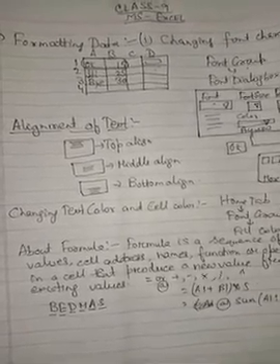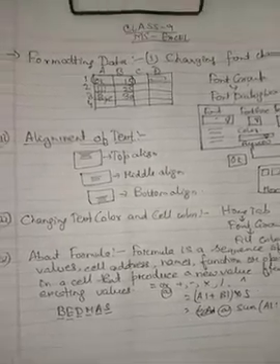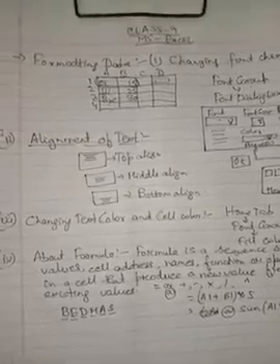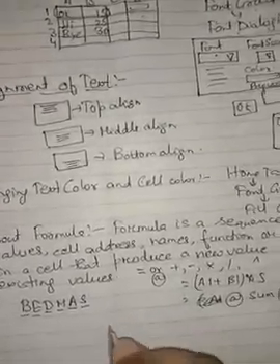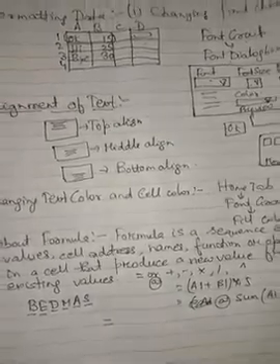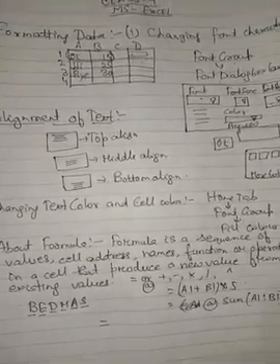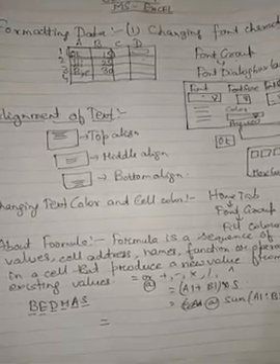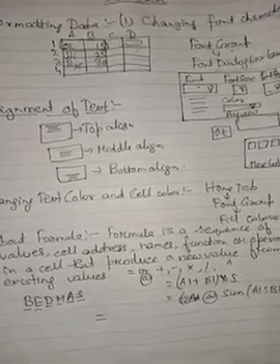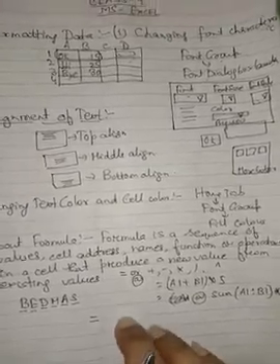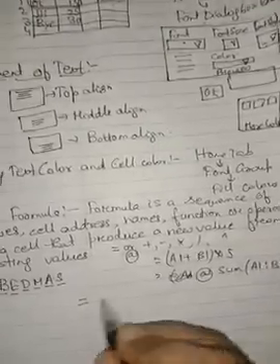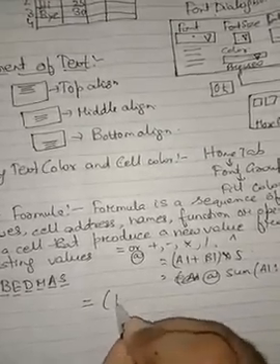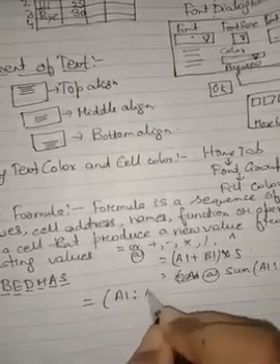So whenever we want to work with any formula, I have already told you that first of all move to a particular cell, and in that cell type the equal sign, and with the equal sign you can type the cell address. You can either type the cell addresses one by one, or if there is a range of cells you can write it within the bracket this way, like A1 to A5.